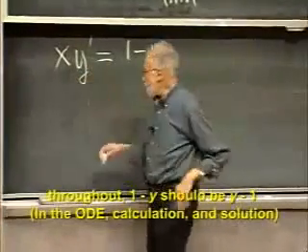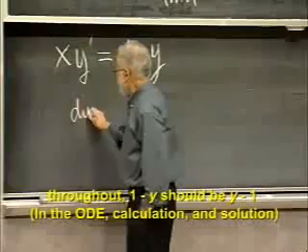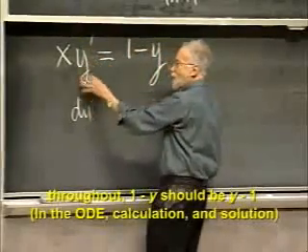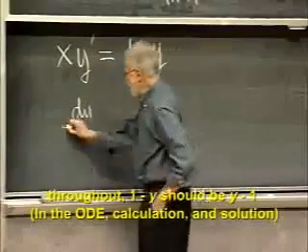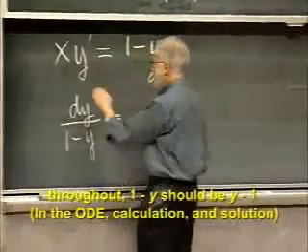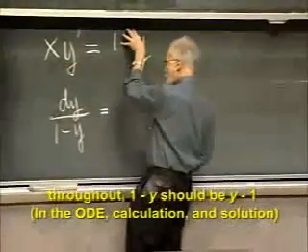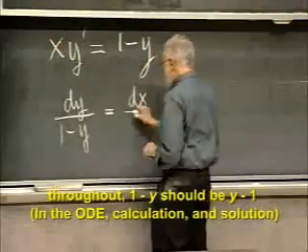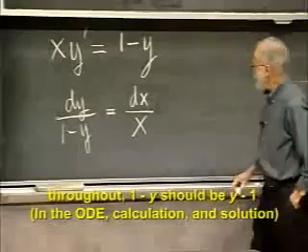Now let's just solve it by separating variables. Can you do it in your head? dy over dx, put all the y's on the left, it will look like dy over 1 minus y. Put all the dx's on the right, so the dx goes on the right, that will be dx, and then the x goes down into the denominator, so now it looks like that.